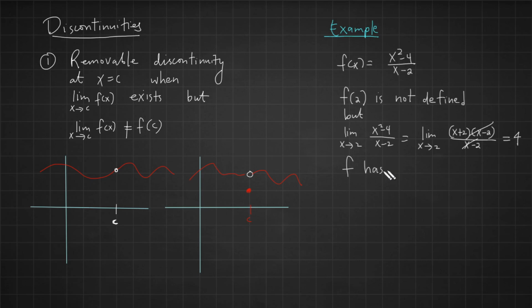So, f has a removable discontinuity at x equals 2. Okay. So, bakit nga ba removable discontinuity ang tawag dito?